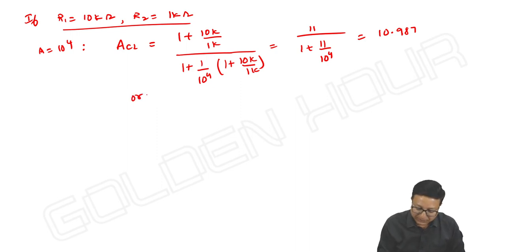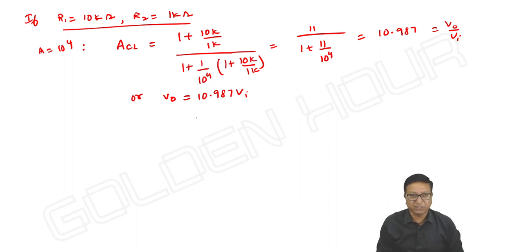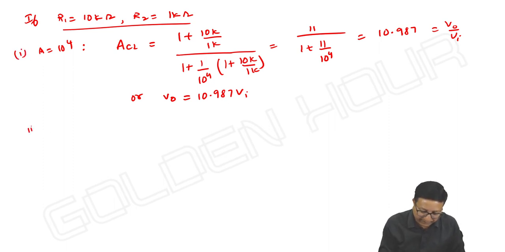I'm directly writing it. Or I can write V output is equal to ACL, which is nothing but V output by Vi, is 10.987 times Vi. Keep it aside. So it is almost close, gain is close to 11. And this is the first case. Second case, I am taking A equal to 10 power 5.